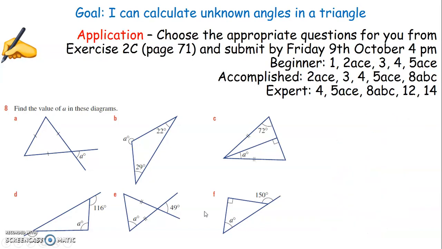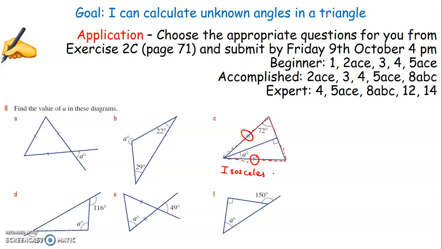Next we have C. How are we going to answer this one here? See this one? That means that this big triangle is an isosceles triangle.